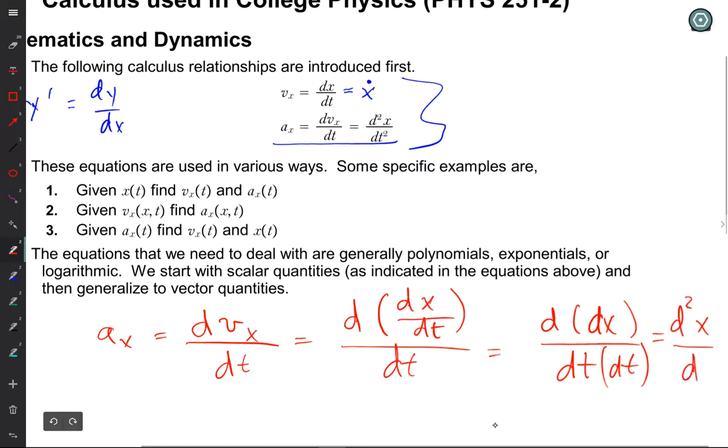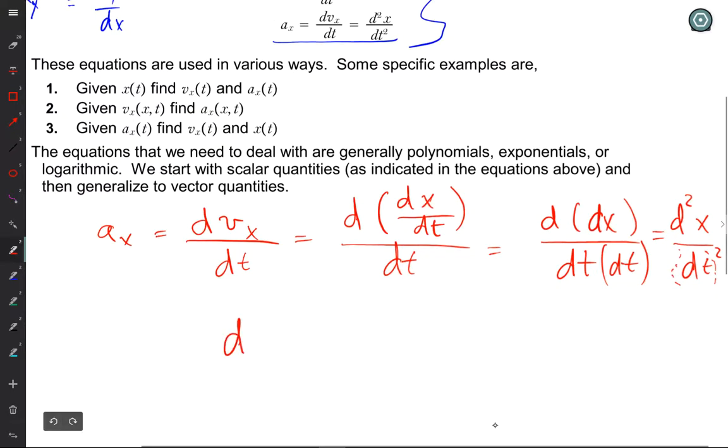And then since it's with respect to time squared, nobody ever writes a parenthesis like this. But that's why you have d second x dt squared. Because you're taking the derivative of x twice, the first time with respect to time and the second time, again, with respect to time. You can have other kinds of derivatives. You can have like d second x d. It's possible to have something like this.